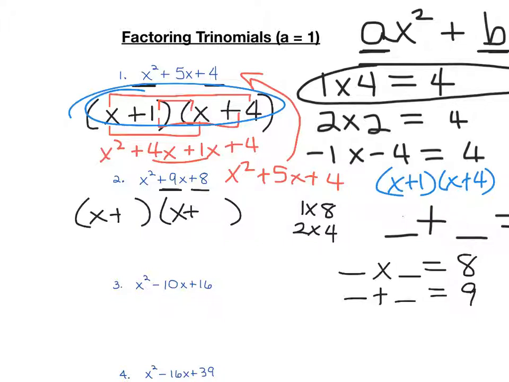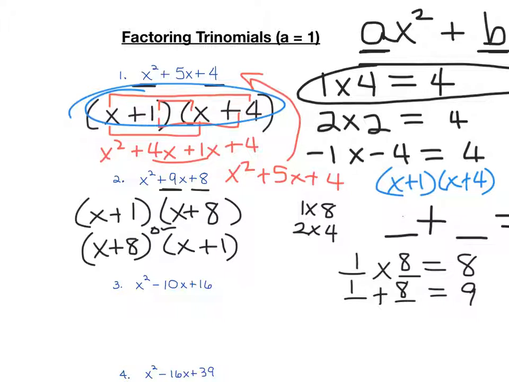So the only one out of these that will work is 1 times 8, and then 1 plus 8. So put a 1, put in 8. The order that you write them doesn't matter. So you could put the x plus 8 first or the x plus 1. Doesn't matter.